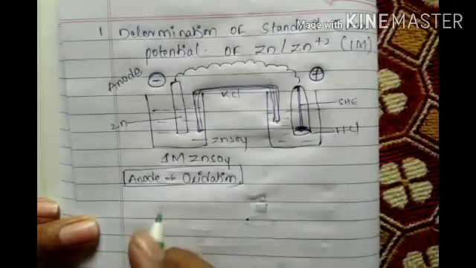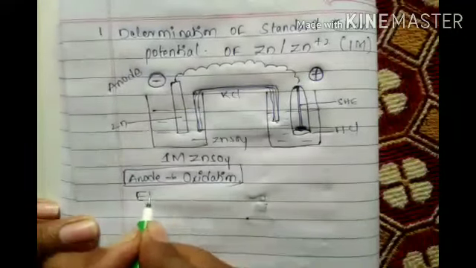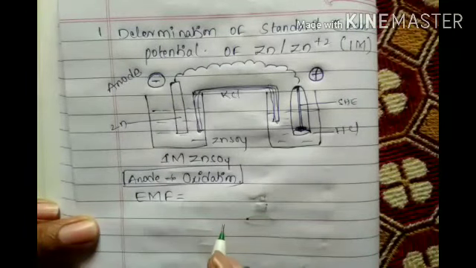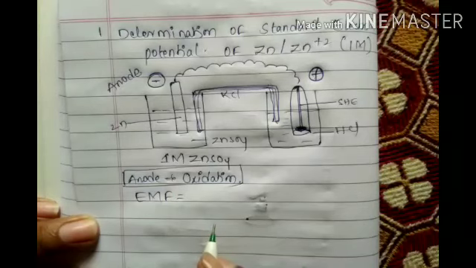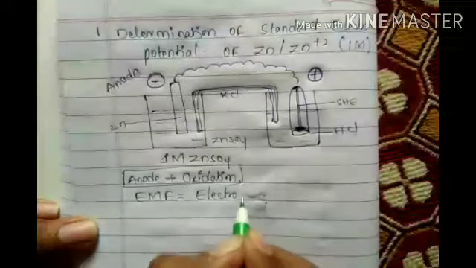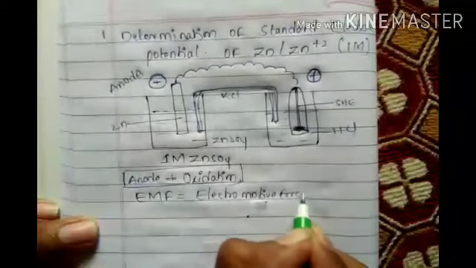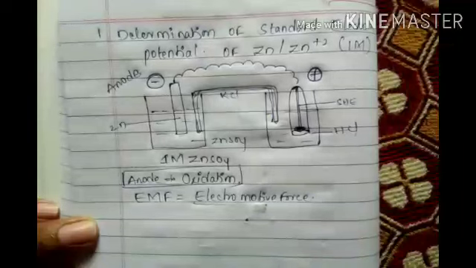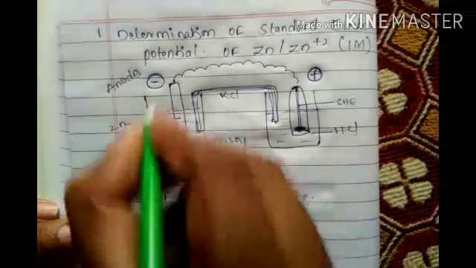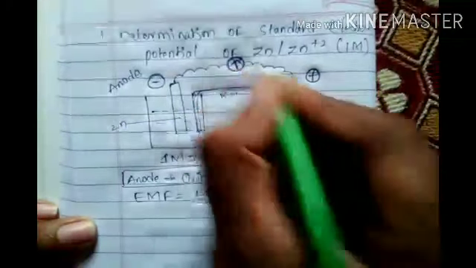Now let's take EMF. EMF means electromotive force. EMF of the cell comes out to be, so here onwards, now the ammeter will represent how much electricity is transferred.